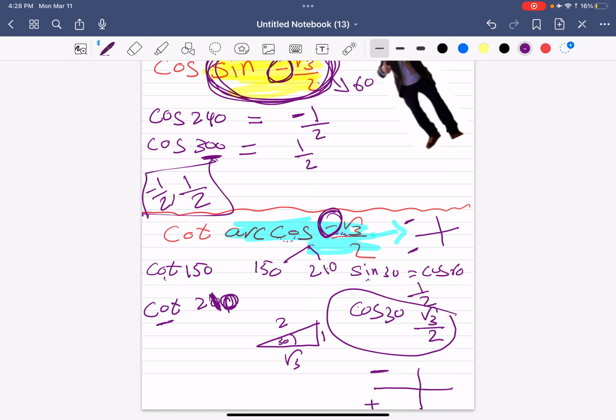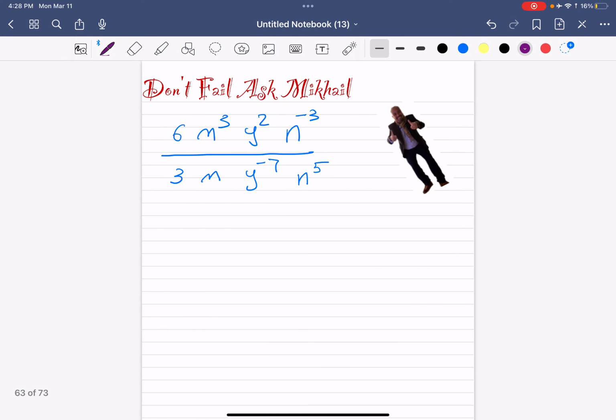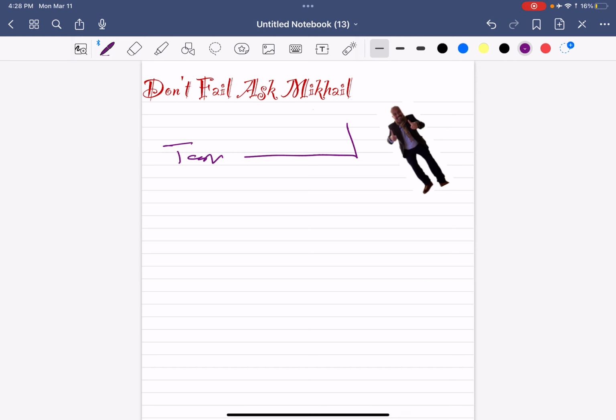30. Cotangent is adjacent over opposite. Remember, tangent, let me erase this one, my apology, folks. So tangent equals what? Opposite over adjacent. So that's 1, 2, radical 3.